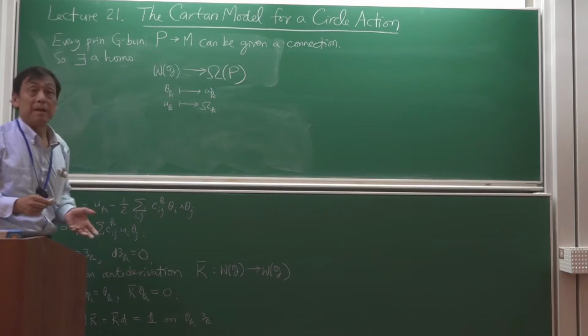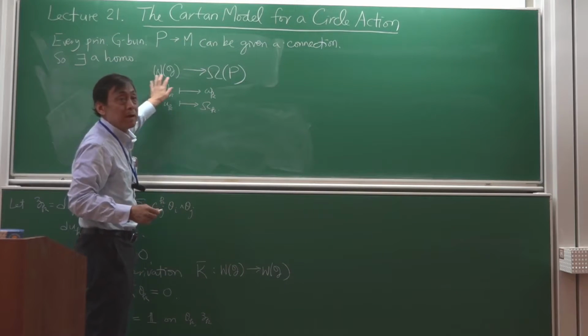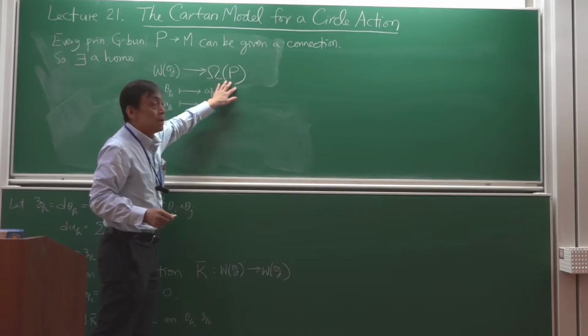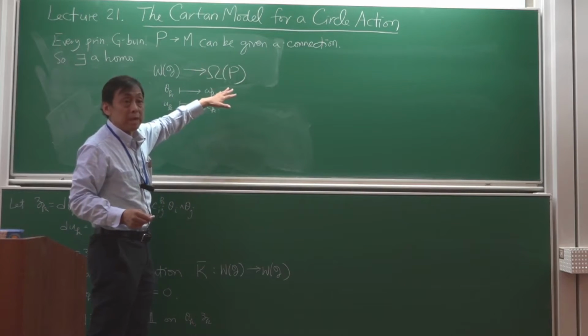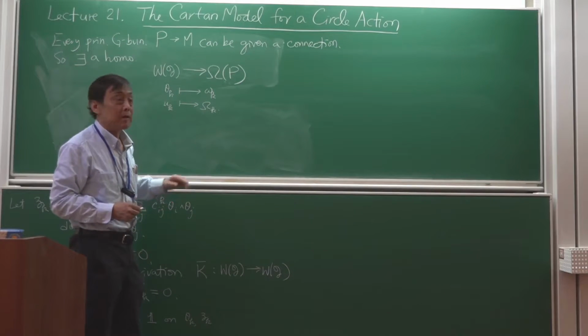Well, we defined this last time, right? I call it the Lie map. Whenever you have a principal bundle with a connection, then there is this map, okay?